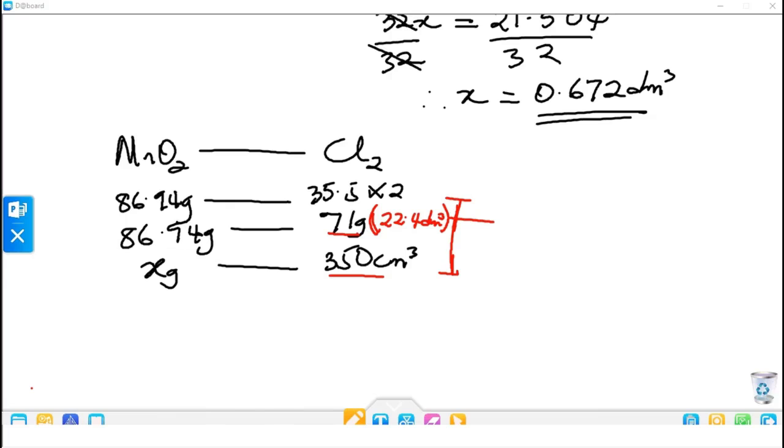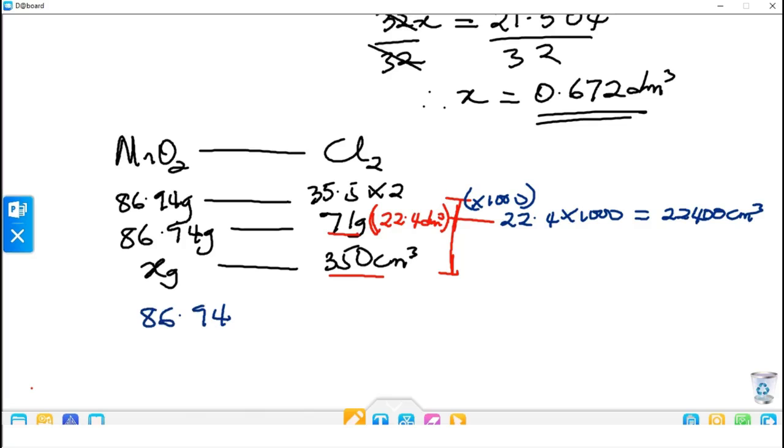To do that, we multiply by 1000. 22.4 dm³ times 1000 gives us 22,400 cm³. So, from the equation, 86.94 grams of MnO2 produces 22,400 cm³ of chlorine.